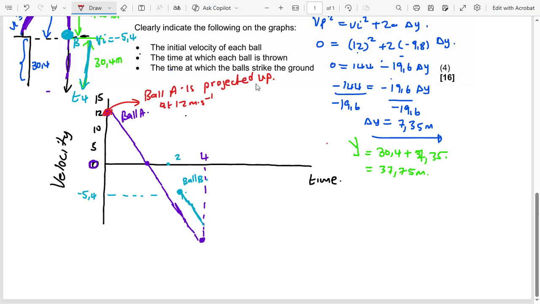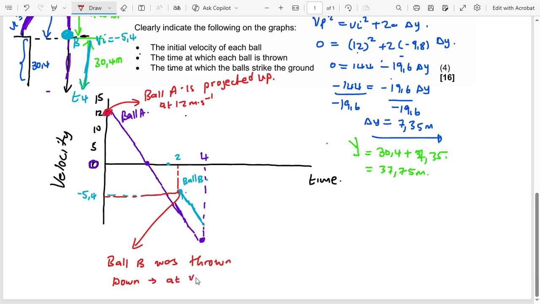And then at this point here, ball B was thrown downwards. And what was the velocity?